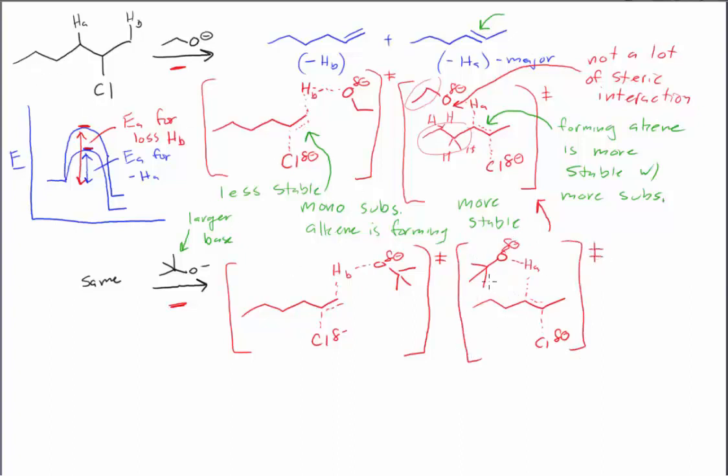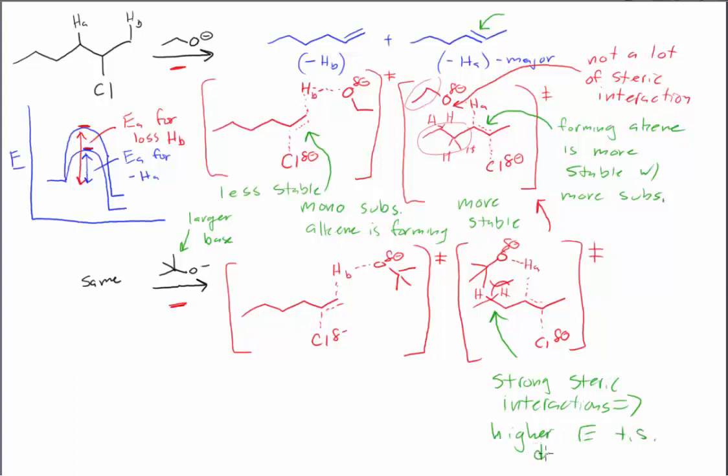And so now the problem is here, we have some steric interactions. And I'm going to use a green to highlight that. Strong steric interactions. And that leads to a higher energy transition state.